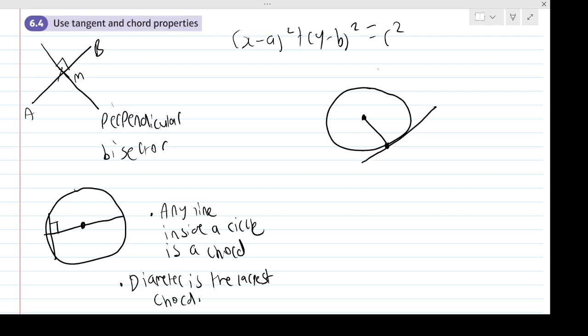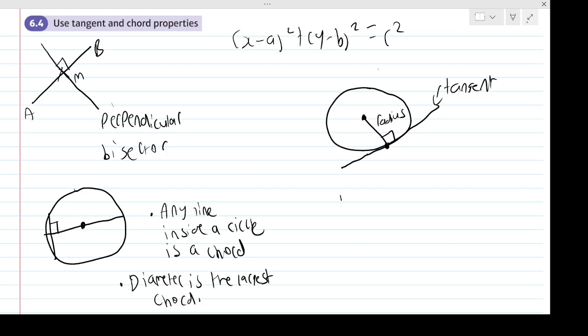Remember, that's the line that crosses the circle at that single point on the edge, and you can use that also to estimate the gradient of the circle, the steepness of it at that point. But anyway, that's the tangent, where it intersects a circle at a single point. When the radius and the tangent meet, they meet at a right angle.